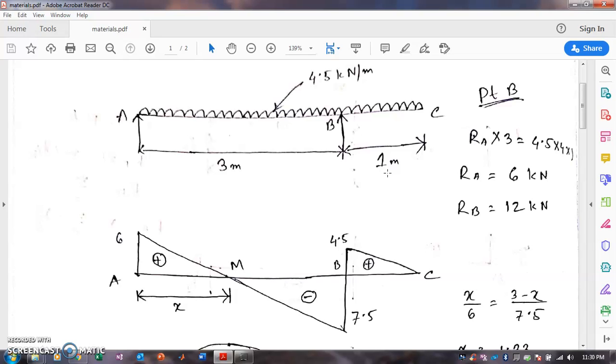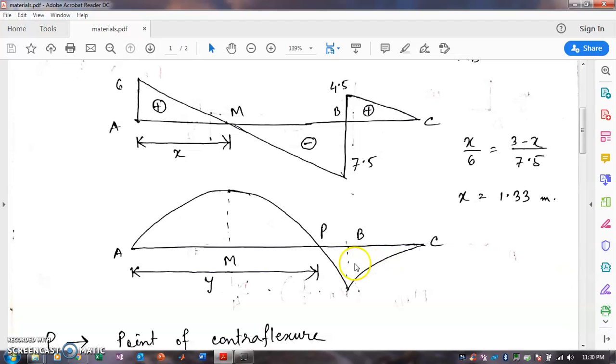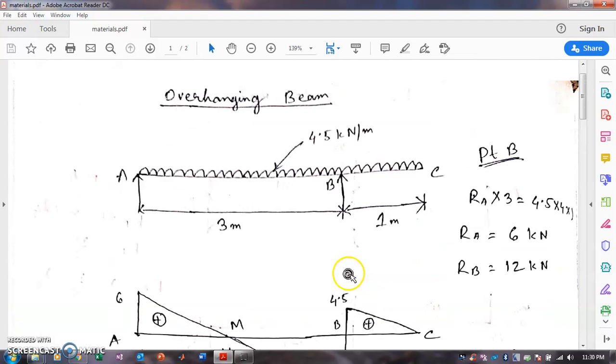As we know, for the bending moment diagram, all the forces on any of the sides, either right hand side or left hand side, follow the y axis for sign convention. So here the downward force will give negative bending moment. So this is negative and parabolic.